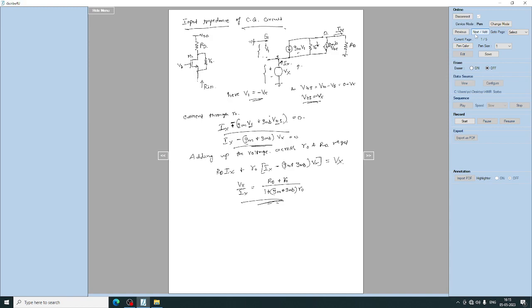So this is the input impedance of the common gate circuit. If I separate this as RD upon 1 plus (GM plus GMB) into R naught, plus R naught by R naught, which will get cancelled.